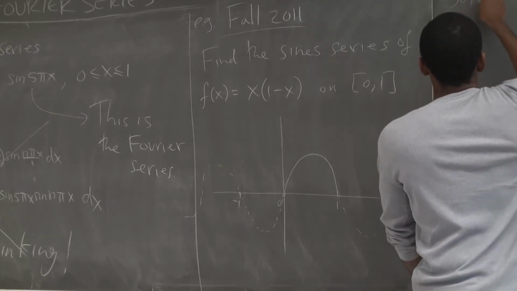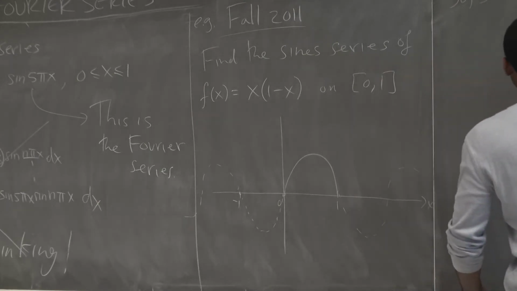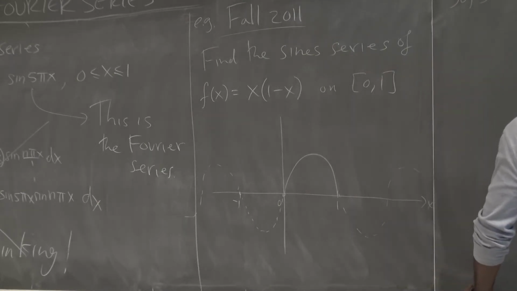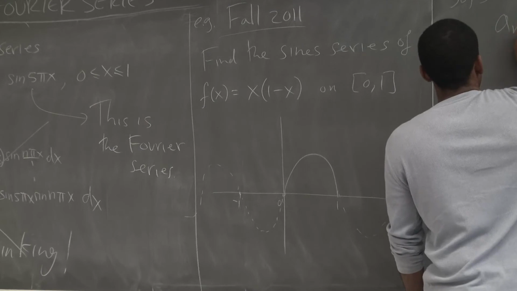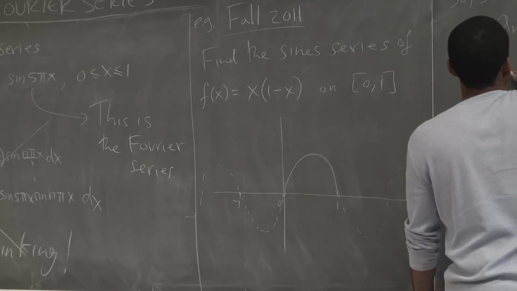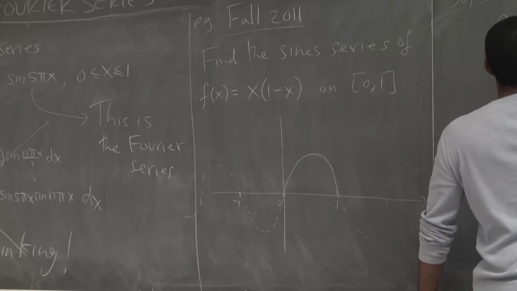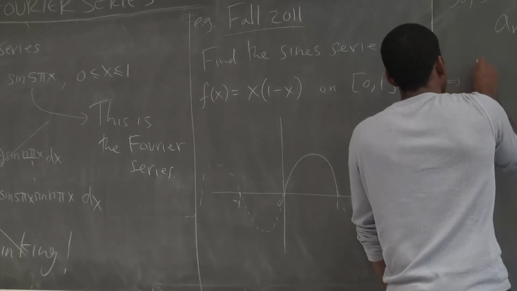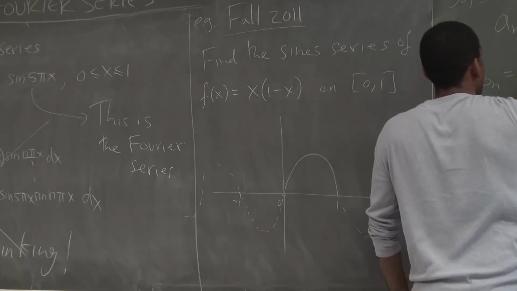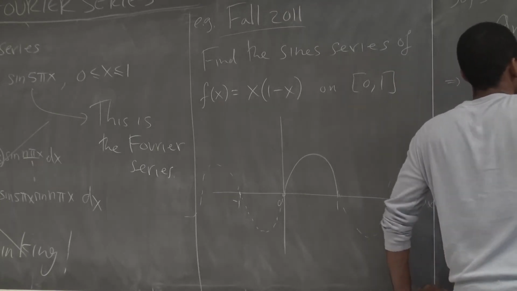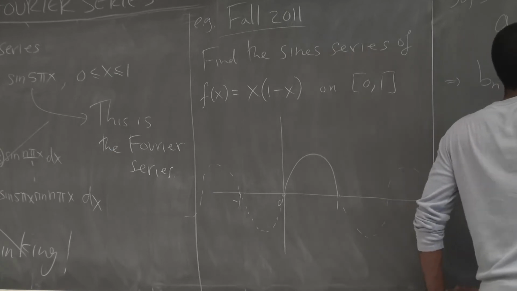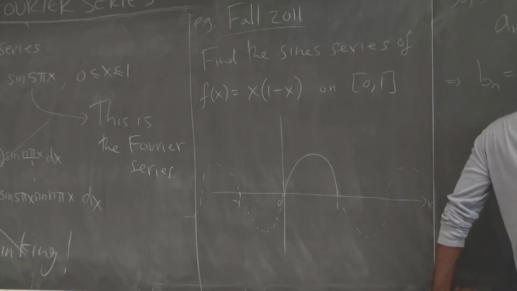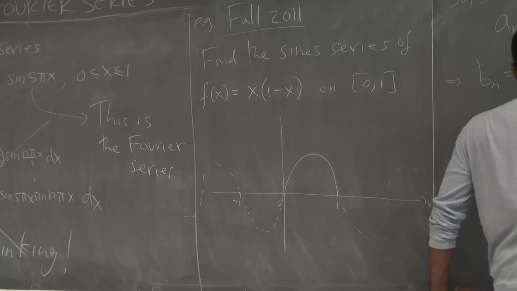So, since f is odd, the a_n's would be what? 0 for all n. And the b_n would be 2 over L times the integral from minus L to L of f of x sine n pi x over L dx.